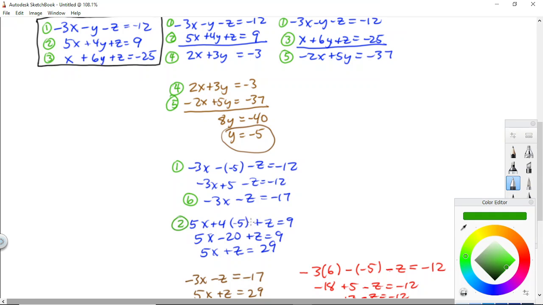And then it only has x and z, the only variables. That's good. Take the 4 times negative 5 is negative 20, add it to both sides, and here we could call this equation 7. It has just x and z. We already had equation 6 that has just x and z. Things are getting there. We're making progress.